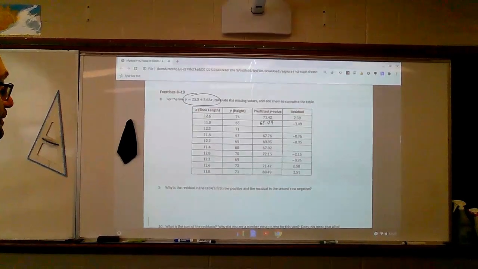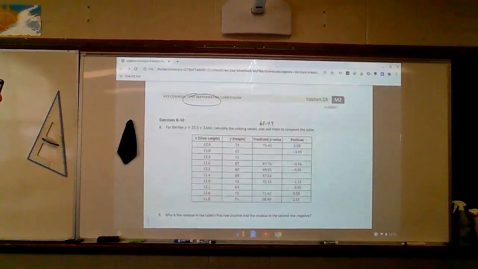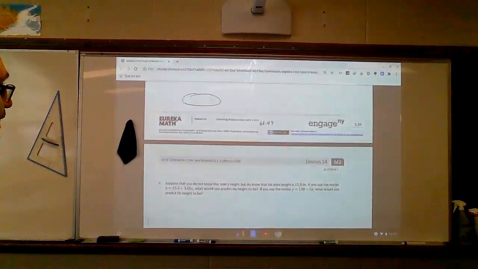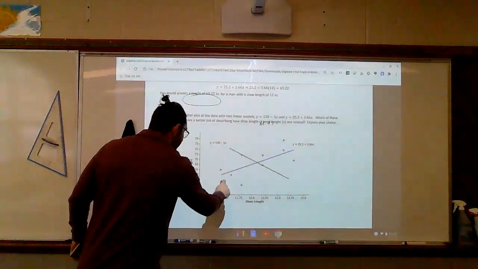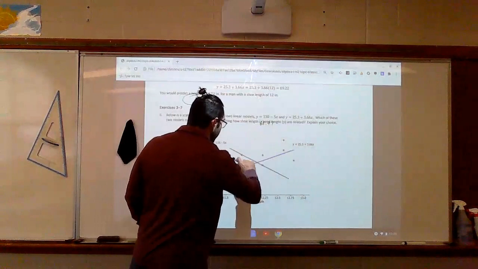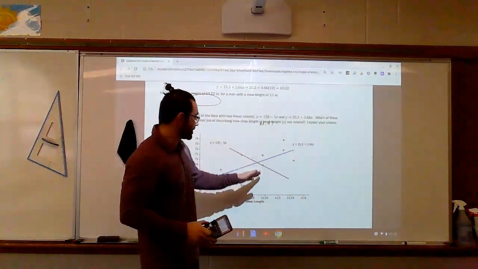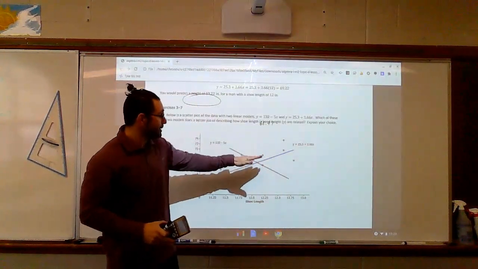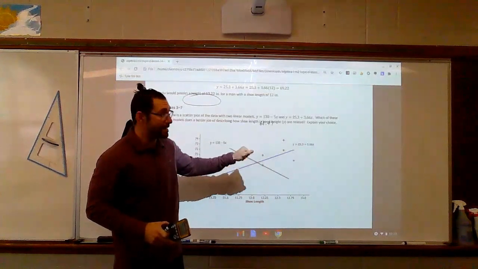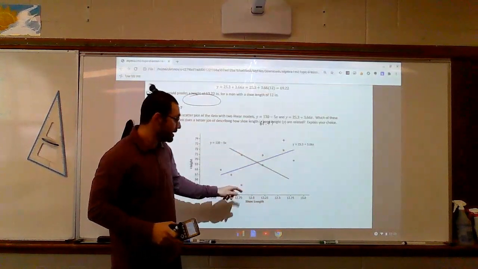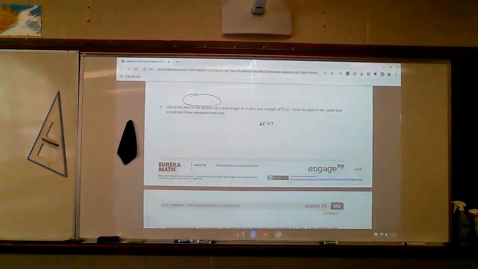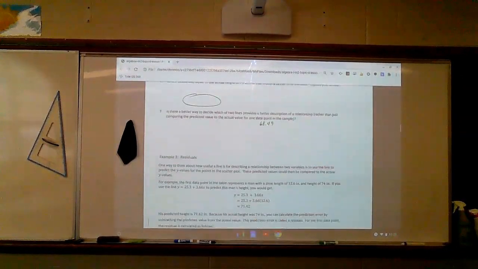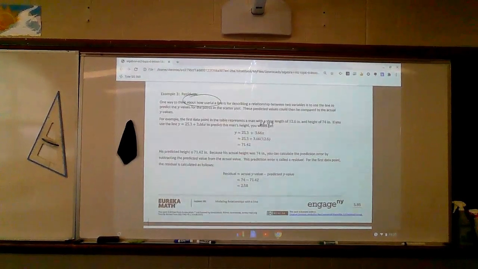Because remember, we know that this line is the best line for all of these points. But notice how none of the points are actually on that line. Some of them are above it, which means it has a positive residual value. Some are below, which means it has a negative residual value. Residual is the actual minus predicted.